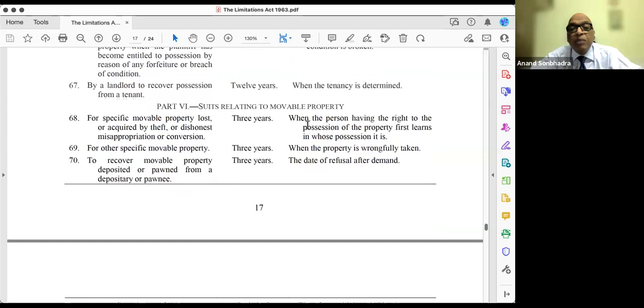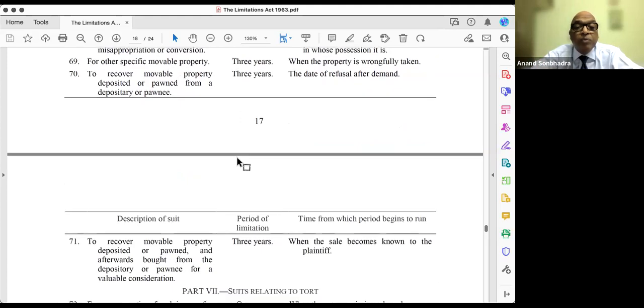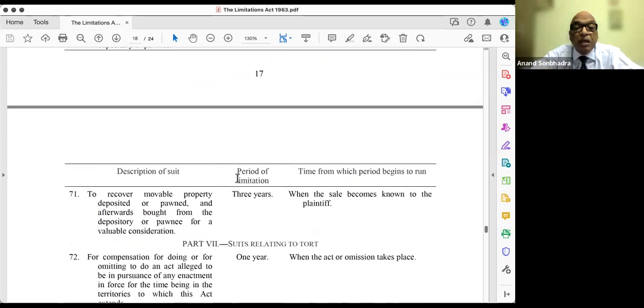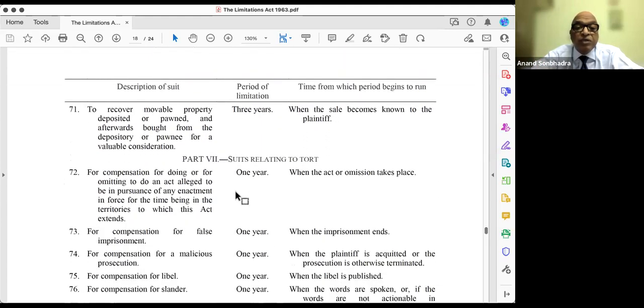And the time period begins when the person having the right to the possession of the property first learns in whose possession it is. So it is the time of knowledge when it comes to the person having the right of possession, 3 years. So for most movable property recoveries, the period of limitation is 3 years.